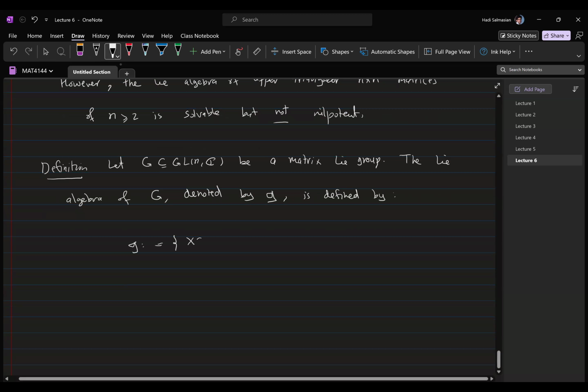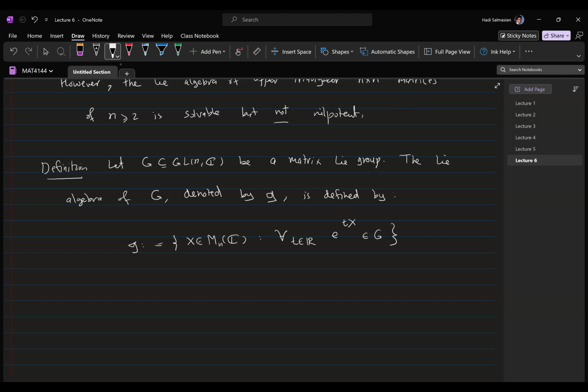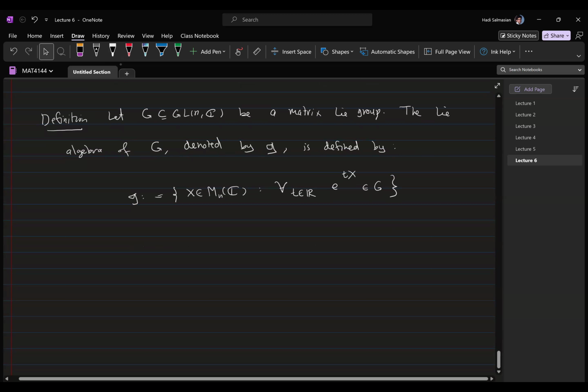It's the set of matrices in M_n(C) such that for every t in R, the one-parameter subgroup generated by this element lies completely inside G. So all X's in M_n(C) such that the one-parameter subgroup generated by them lies inside the Lie group G. They form a Lie algebra.